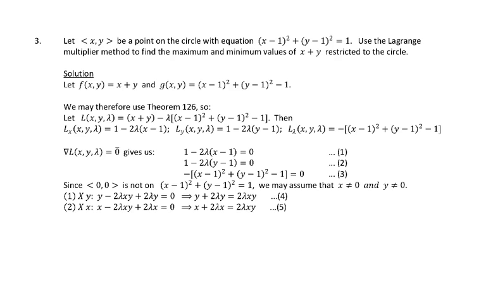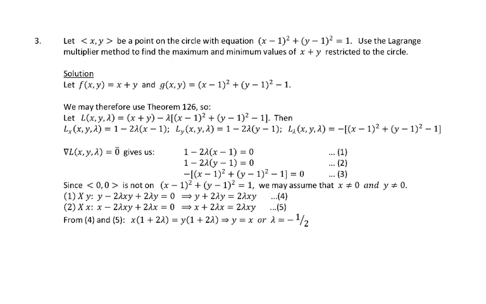Therefore, we may multiply the first equation by y and the second equation by x to obtain two new equations named 4 and 5. Since the right-hand sides of equations 4 and 5 are equal, the left-hand sides must also be equal. We can also take out a common factor on each of the left-hand sides, and then we get the equation x times (1 plus 2 lambda) equals y times (1 plus 2 lambda).